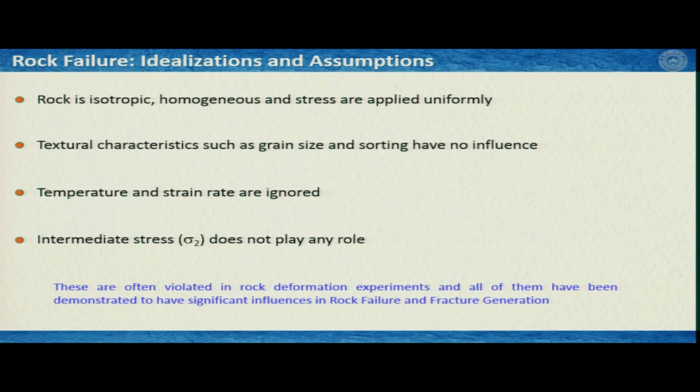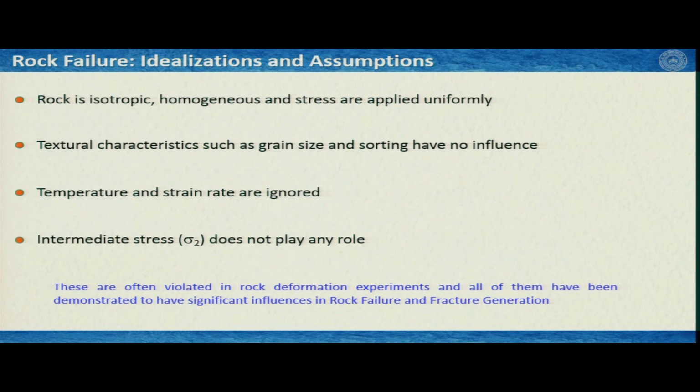And experiments here are extremely useful, because we can do experiments in different ways, keeping the stress axes differently, and then we see what kind of fractures we are producing in our samples. And once we have these ideas, then we go to the field and check what kind of fractures we have produced, and then we match them with our experimental results and finally conclude, yes, this is a fracture that must have been produced under such and such stress domains.